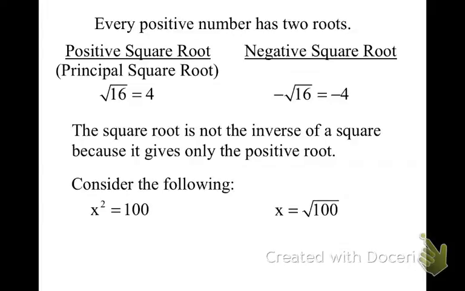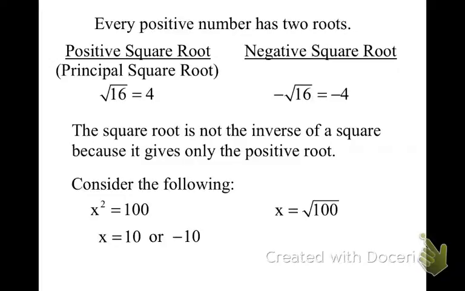Another way to look at it is this. In the first situation, what is the solution or possible solutions? Chris? 10. 10? Is that the only solution here? Yes. Negative 10. So in this case, when I'm squaring, I have 2 solutions.